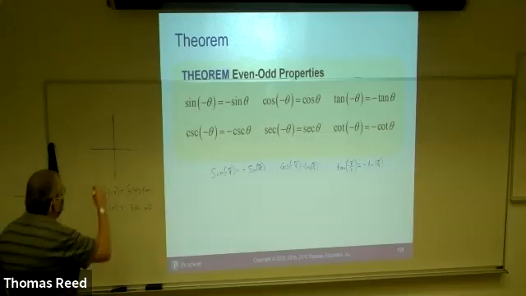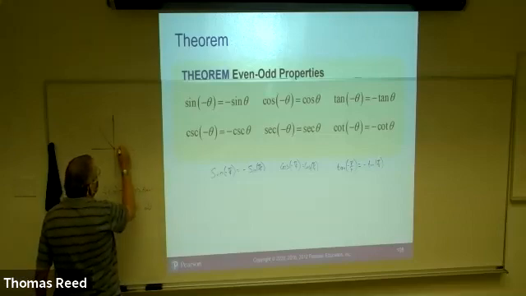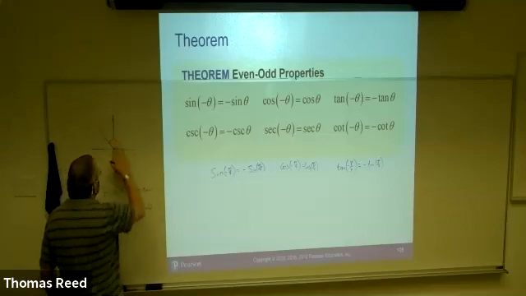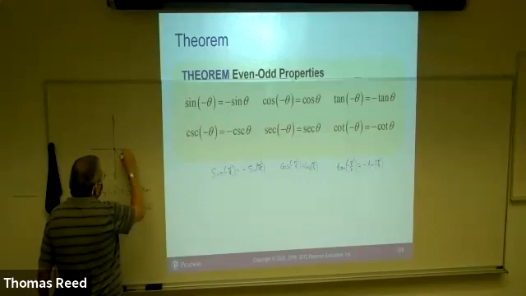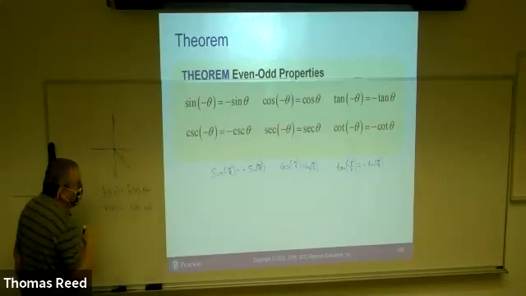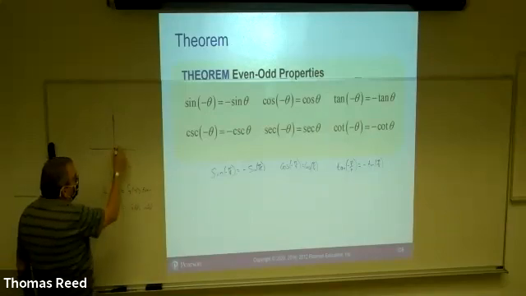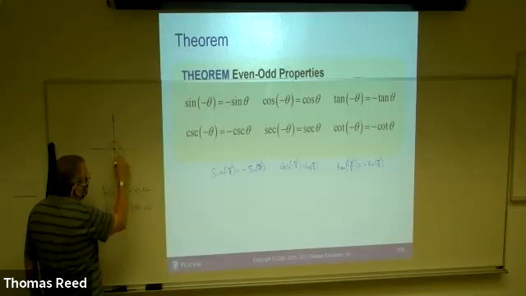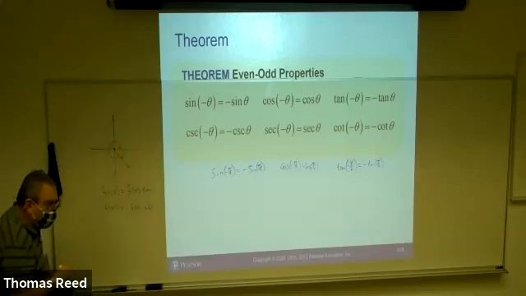As we were talking about this angle here. No, sorry, because we went negative pi over 4, which is actually this angle, 315 degrees, or 7 pi over 4.